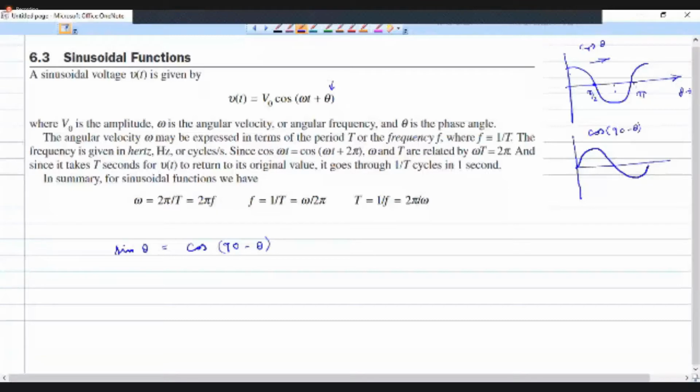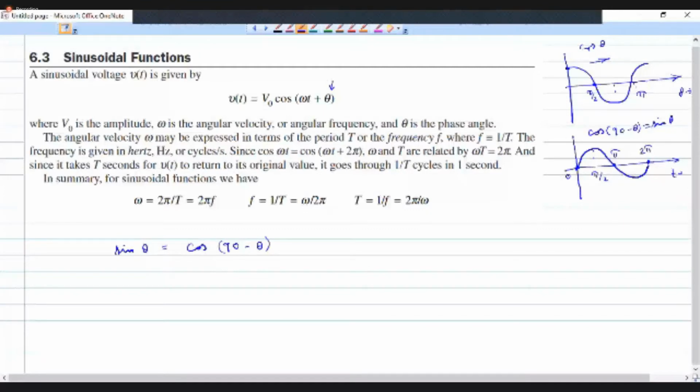This point will come to pi by 2, and it will cross zero at the zero time instant, and this one will be pi, and this point will be 2 pi. So this is nothing but our sine theta.